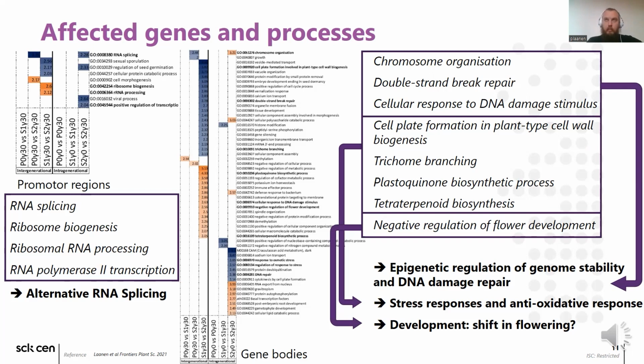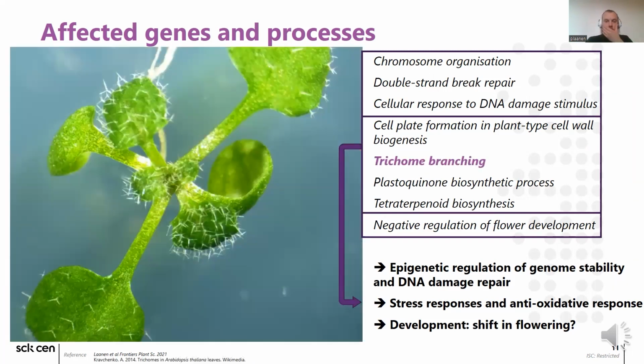Additionally, chromosome organization and thus epigenetic regulation. We also saw that a couple of developmental genes were affected, some associated with cell wall formation, which has also been seen to be affected by different stressors, including ionizing radiation, in which the cell wall thickens as a protective method.